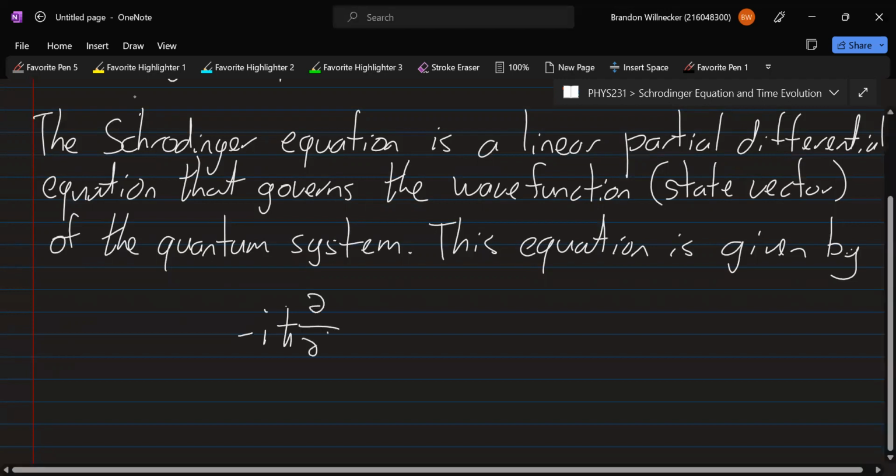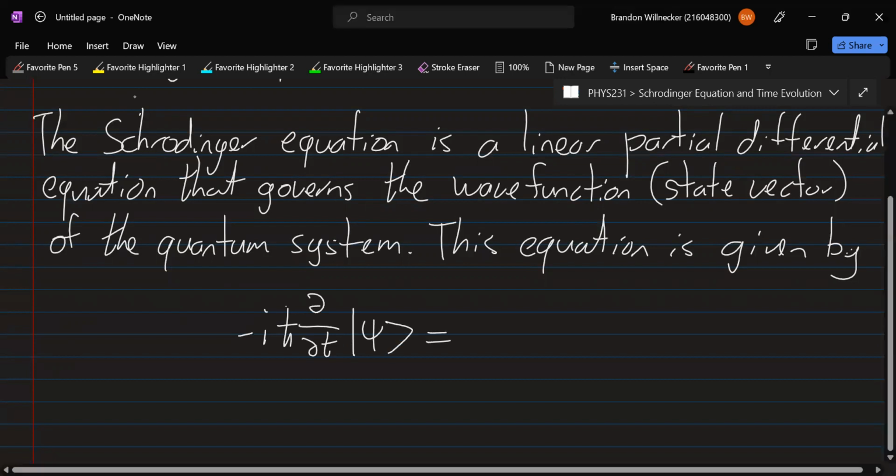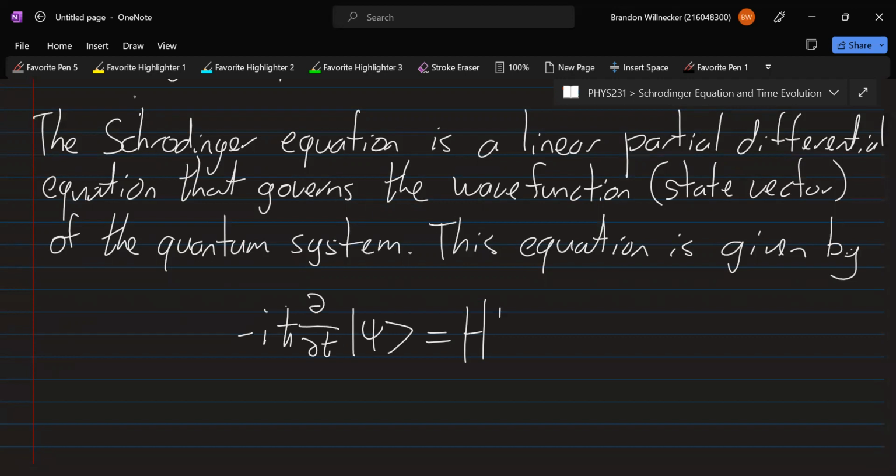Then we have d by dt of the state vector. So how does the state vector change in time? This is given by the energy operator, also called the Hamiltonian, acting on the state vector.